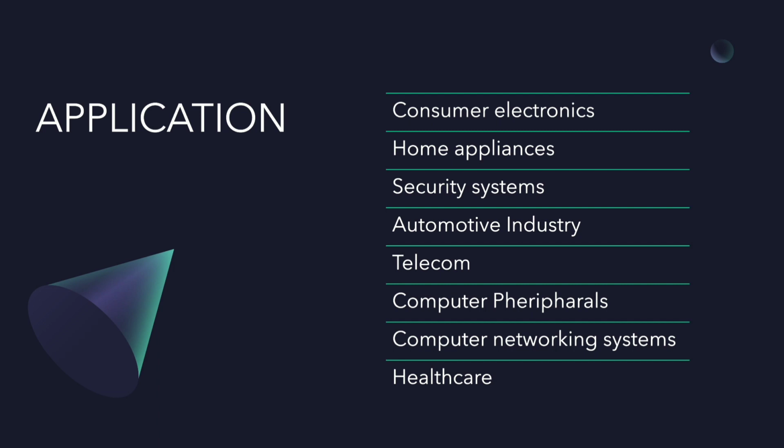They are used in the automotive industry, in the telecom industry, in computer peripherals, and mainly in computer networking systems to connect the data connections between smartphones, and also in optic fiber materials. Finally and mainly, in healthcare, as they are used to check the pulse rate, heart rate or ECG of a patient.